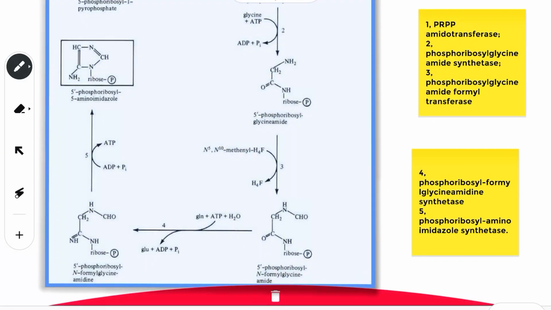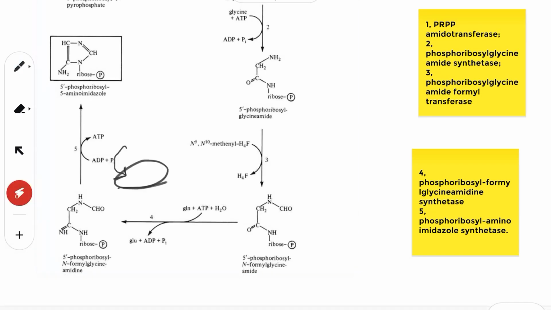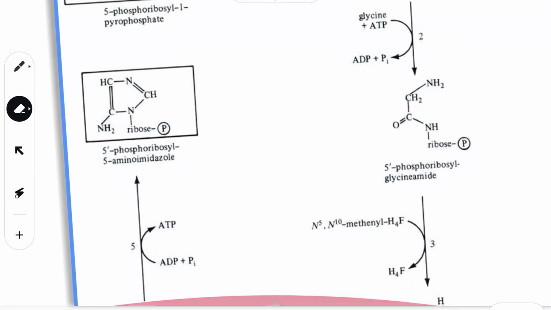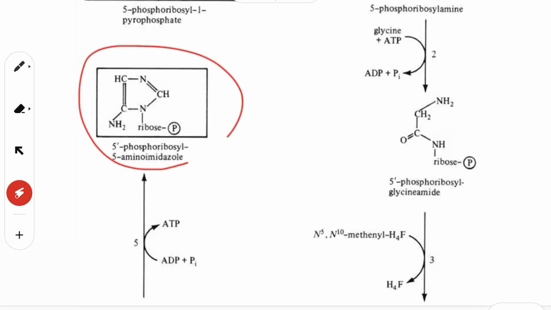This reaction is catalyzed by the enzyme phosphoribosyl amino imidazole synthetase, and the product formed is now phosphoribosyl amino imidazole, or 5-phosphoribosyl 5-amino imidazole. So here the first step is completed.